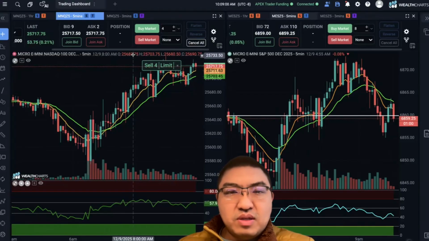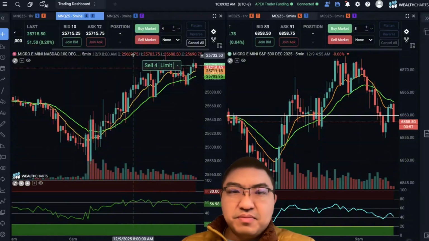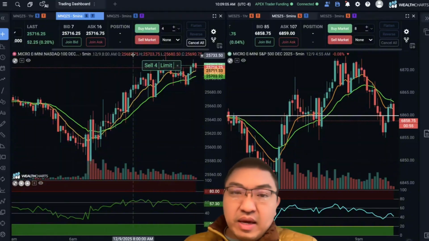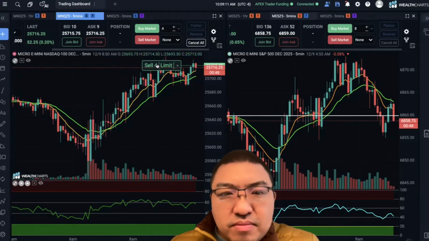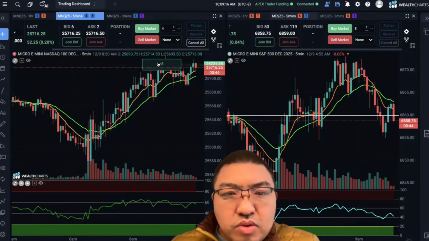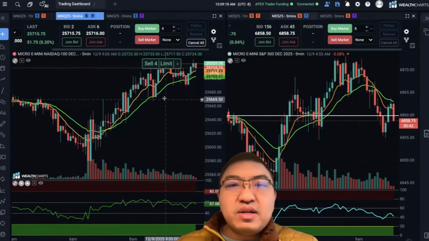So the stop loss will be somewhere here. It cannot be higher. If it's higher, then it bounces back. Probably it will retest to here.